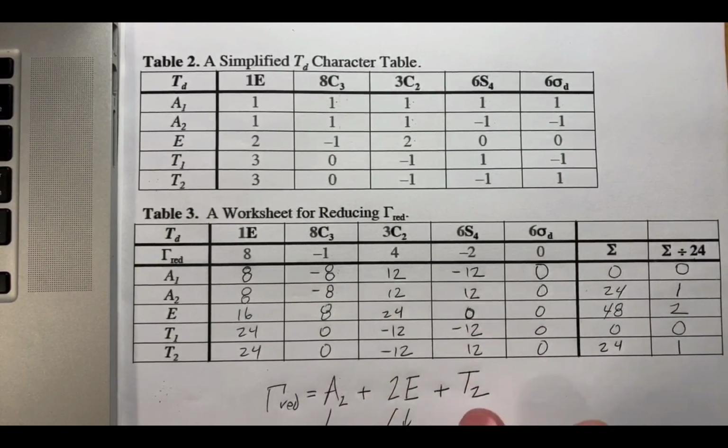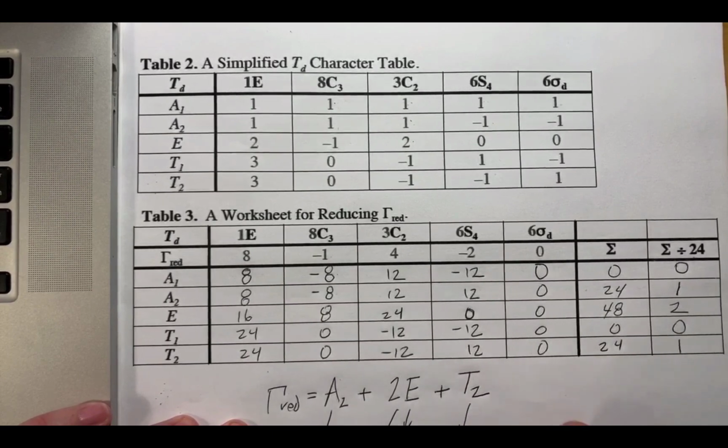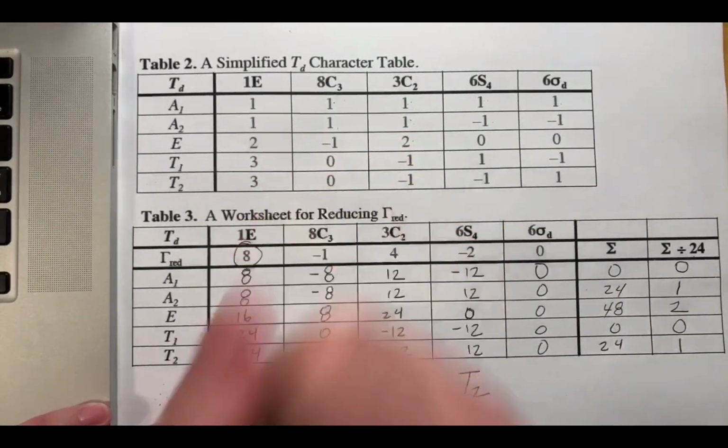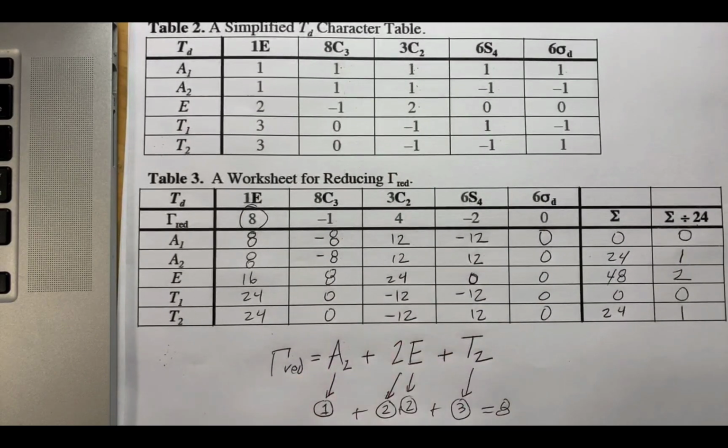Each of these E's gives us 2 and 2. And then the T, because it's triply degenerate, gives us 3. So 1, 2, 3, 4, 5, 6, 7, 8. So all that together gives us 8, which was the original order of the reducible representation. So that is our final check.